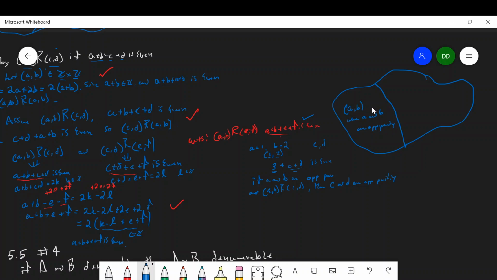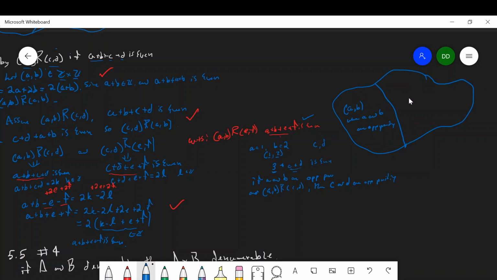So they're related to themselves, and any two pairs of integers that are each opposite parity will result in an odd sum. And so that's one big equivalence class: AB opposite parity.